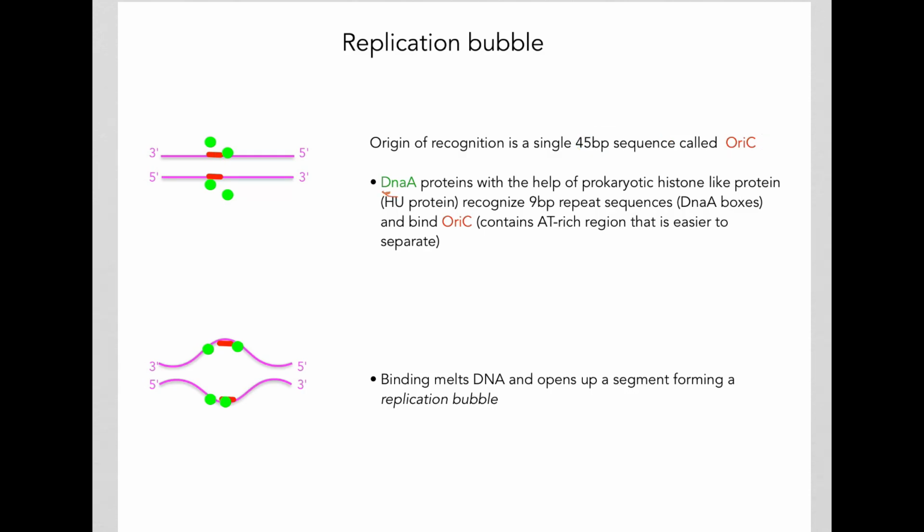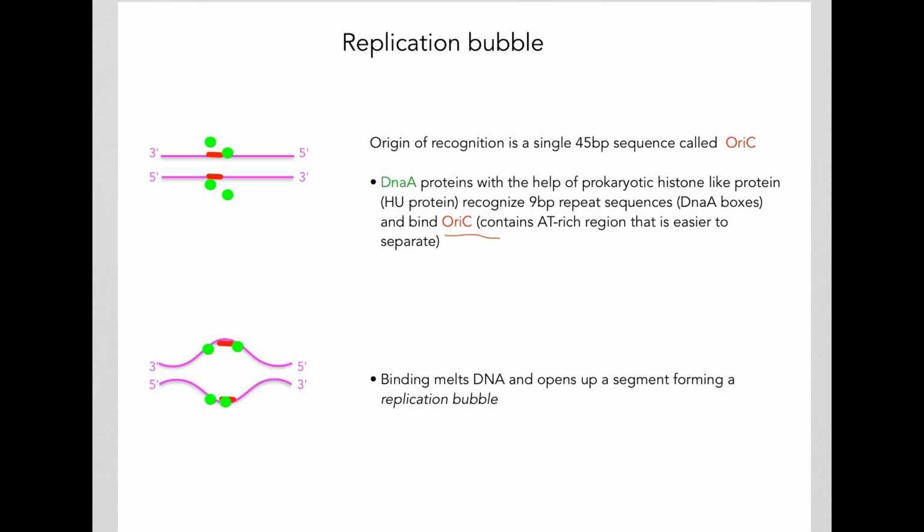The protein DNA A, together with the help of another protein called prokaryotic histone-like protein, or HU protein, will recognize 9 base pair repeat sequences. These are called DNA A boxes that are present in ORI-C. And these proteins will then bind the ORI-C.